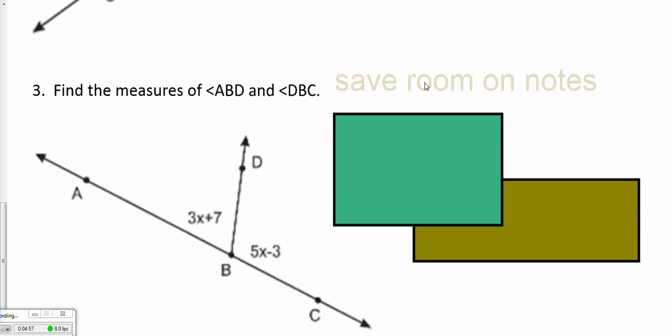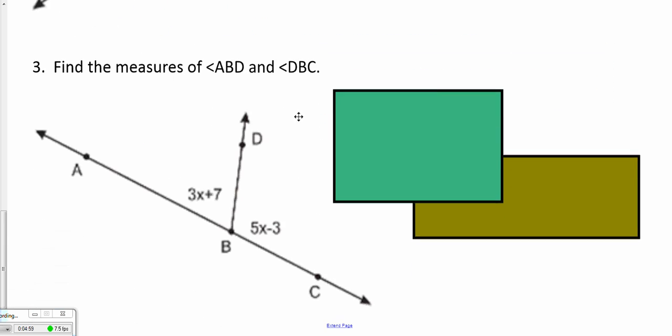You can ignore this. You don't necessarily need to save room. You can go ahead and take up some space. We need to find the measures of angle ABD and angle DBC. So ABD, this one, we need to know how big this is. And DBC, we need to figure out how big those two angles are. We're going to start, again, with what we know.